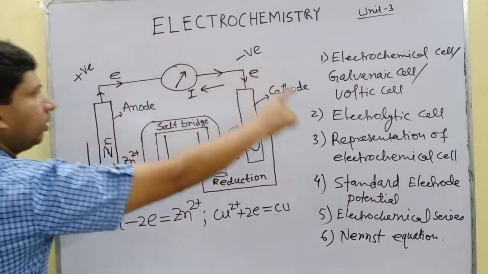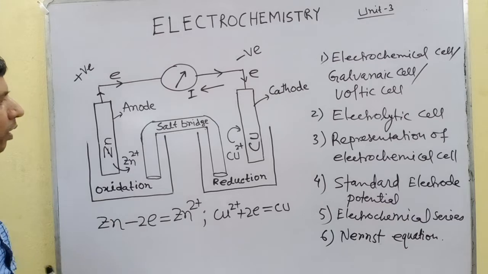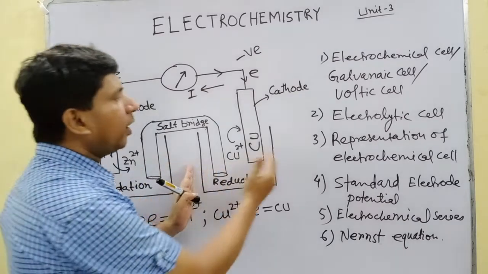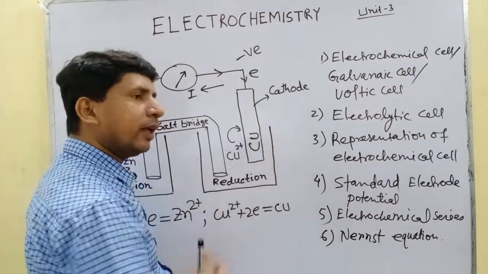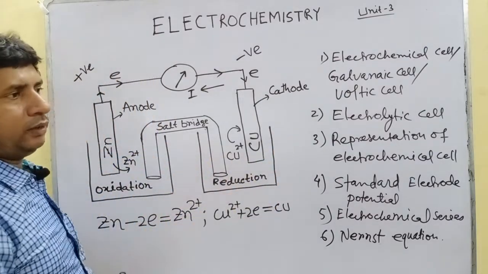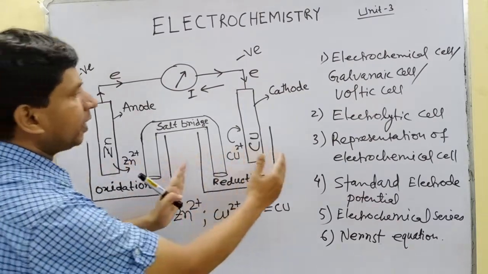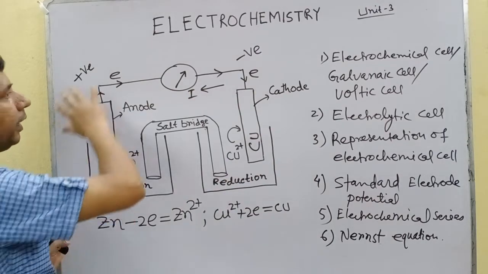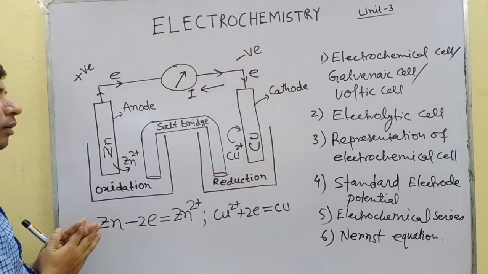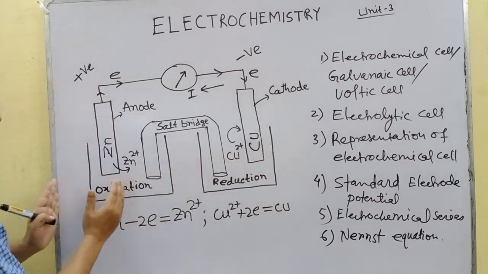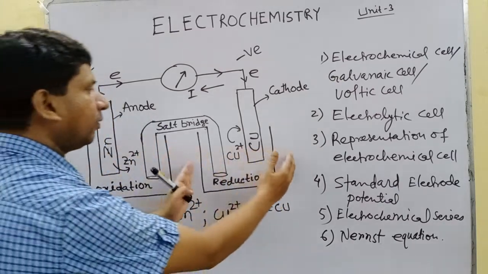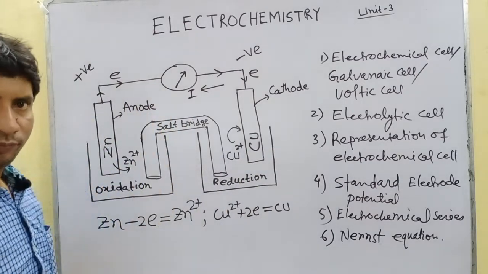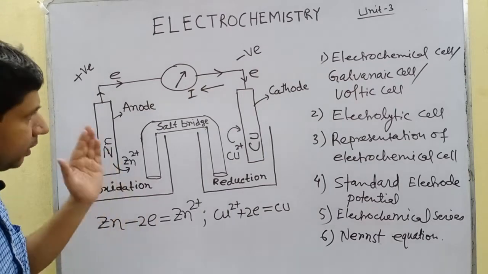Overall a cell, and this part of the cell is known as a half cell. Half cell plus half cell makes the overall cell. অর্থাৎ এইটা পুরোটা একটা সেল, যার এই পার্টটাকে হাফ সেল বলছি। তাহলে হাফ সেল প্লাস হাফ সেল ইকুয়াল টু টোটাল সেল। This is an electrochemical cell, not an electrolytic cell.